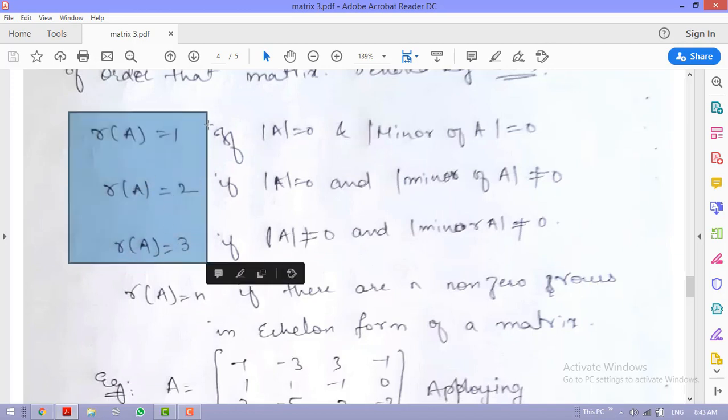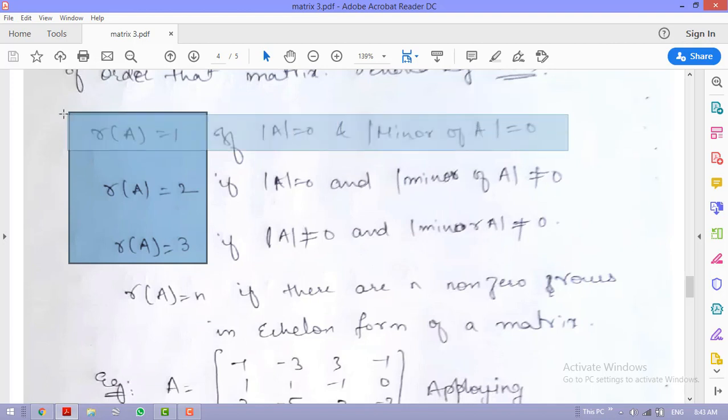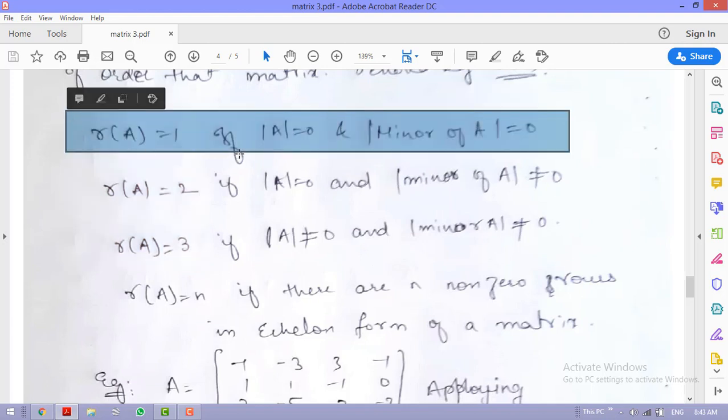If and only if the rank is 1, then the determinant of A should be equal to 0 and the minor of all elements in A should be equal to 0. If these two conditions are satisfied, then the rank of A is equal to 1.